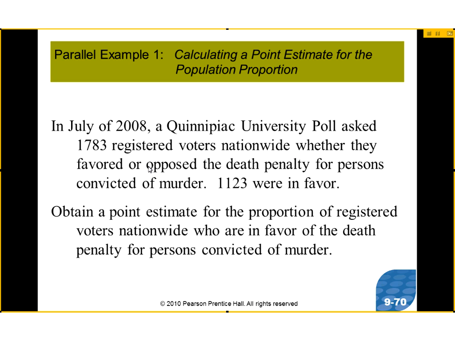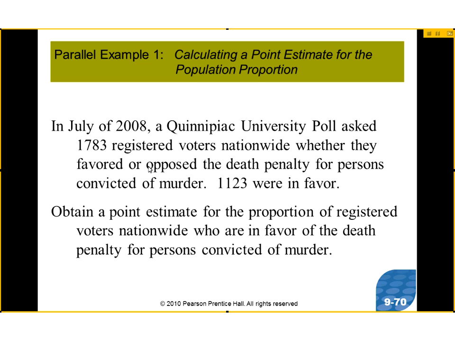Okay, so in this example, in July of 2008, a university poll asked 1,783 voters nationwide whether they favored or opposed the death penalty for persons convicted of murder. 1,123 were in favor. We need to obtain a point estimate for the proportion of registered voters who are in favor of the death penalty.